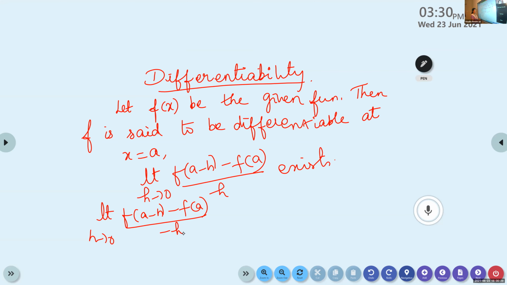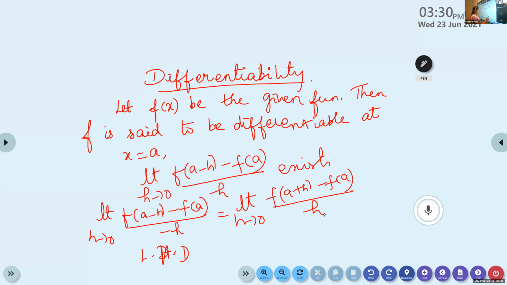This is what we call left hand derivative. Left hand derivative is equal to right hand derivative. Limit h tending to 0, f of a plus h minus f of a by h exists. This one we call right hand derivative. If left hand derivative is equal to right hand derivative, then we say it is differentiable.